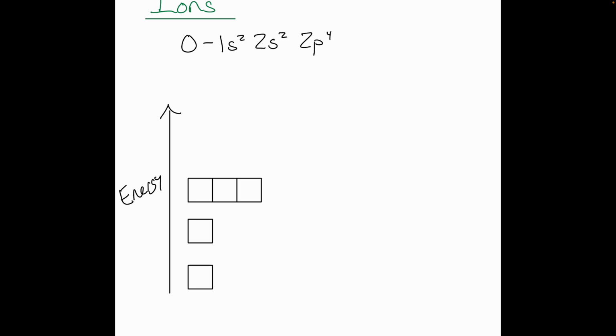Cool. 1s, 2s, 2p. All right. So now, though, we're trying to think about ions here. And really what we're trying to get at is the oxide ion's electron configuration.